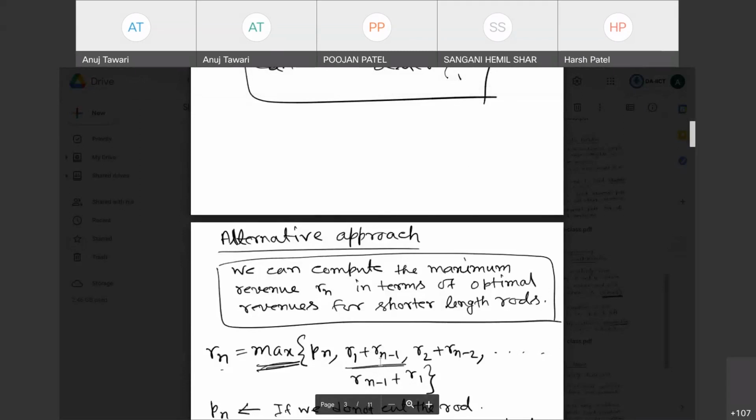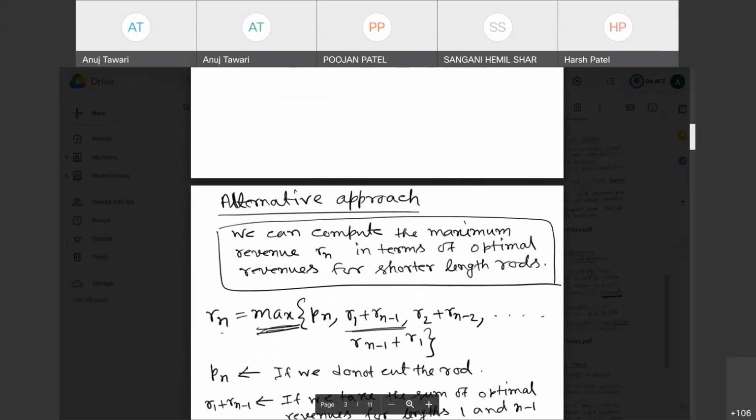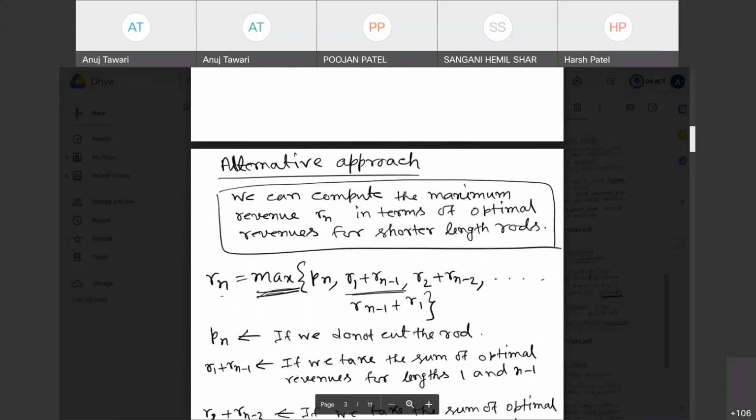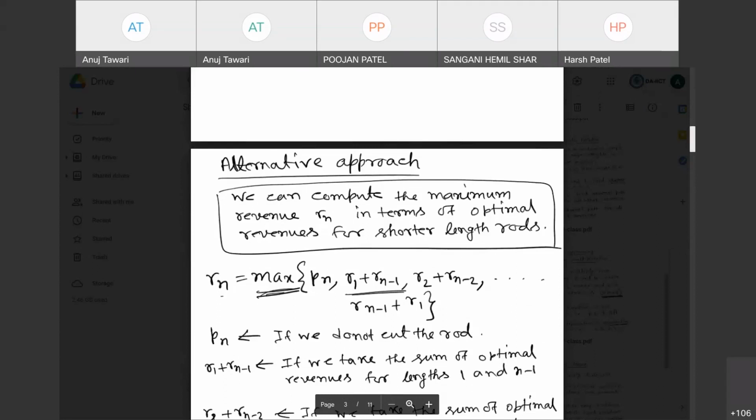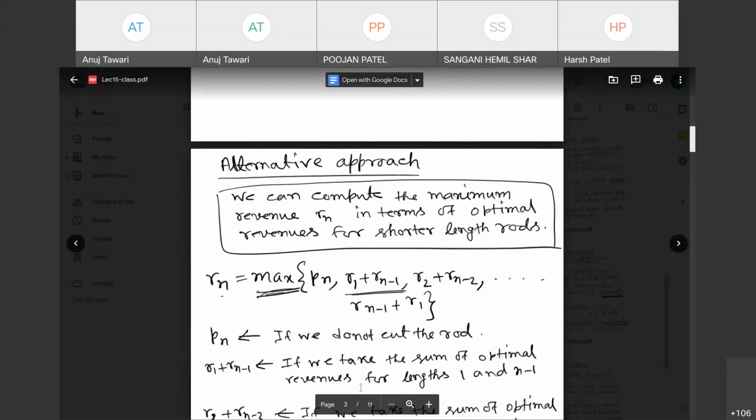And that's what we store here, Rn minus 1, Rn minus 2, and so on. So Pn is if we do not cut the rod, and otherwise we take the sum of the optimal revenues for length 1 and n minus 1. You can cut the rod into many pieces, but we are adding up those things and writing it as a sum of two different things.